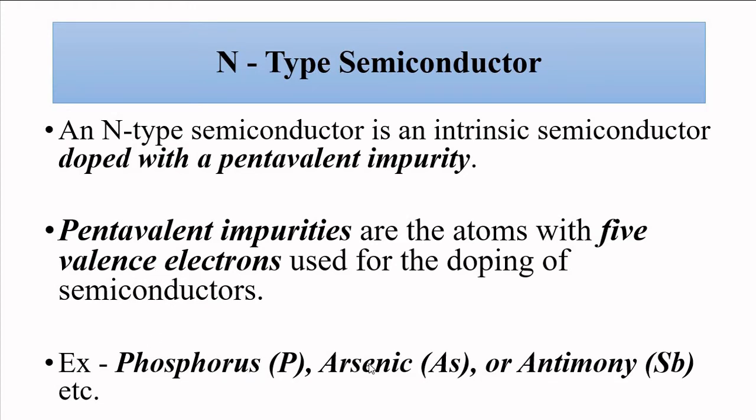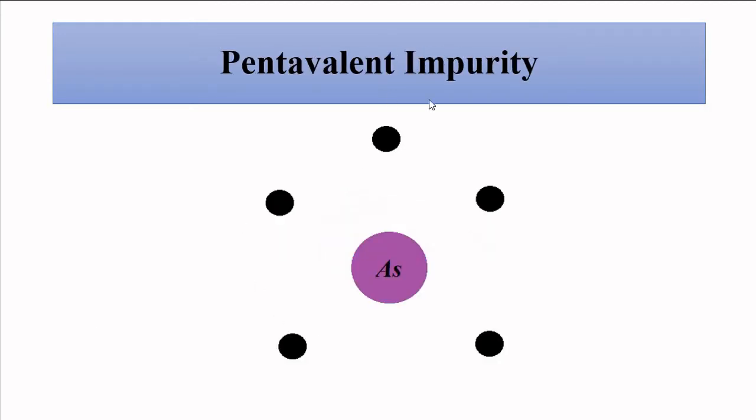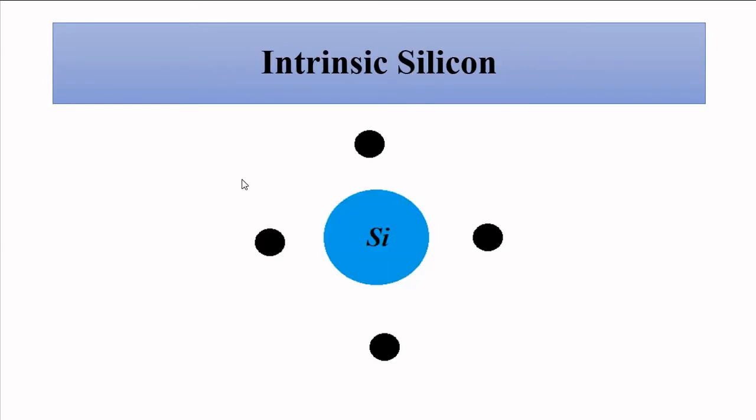For example, phosphorus, arsenic, antimony. Let's say we have intrinsic silicon with 4 electrons in the valence band, and we add a pentavalent impurity, let's say arsenic, to it through the doping process. The process of addition of impurity to pure or intrinsic semiconductors is called doping. So when we add a pentavalent impurity to intrinsic silicon, what happens?